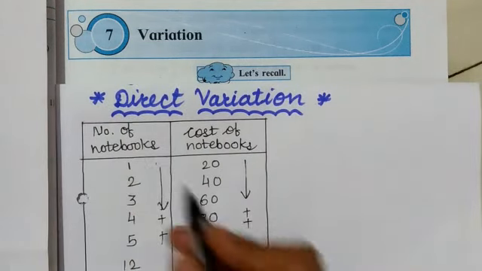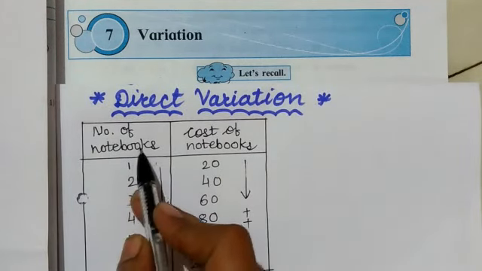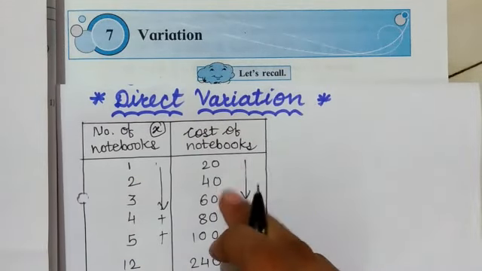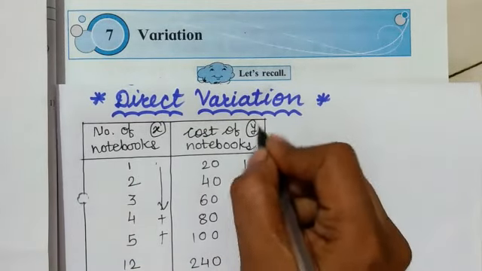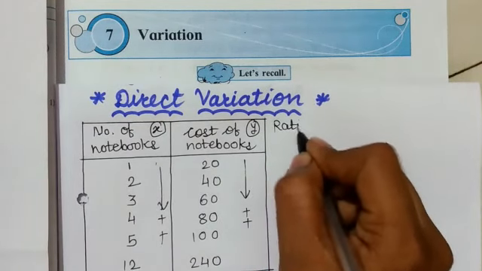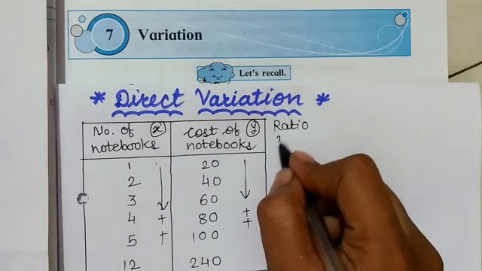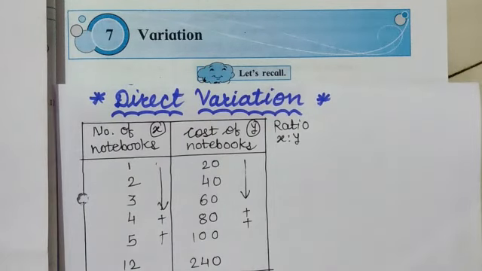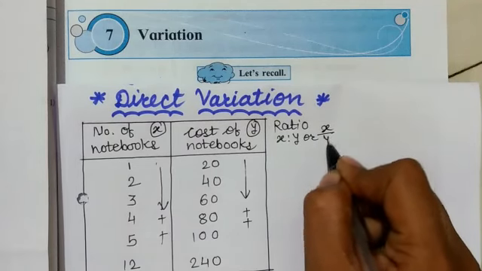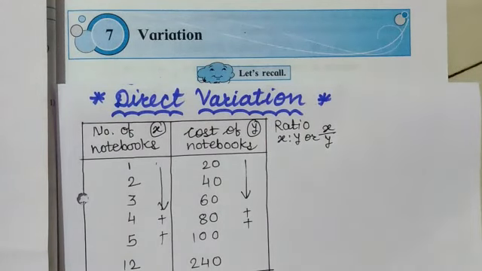Let's prove that. Suppose the number of notebooks is considered as x and the cost of notebooks is considered as y. If we take the ratio of these two things, it will be x is to y. That we can also write in the format x by y, or x upon y.